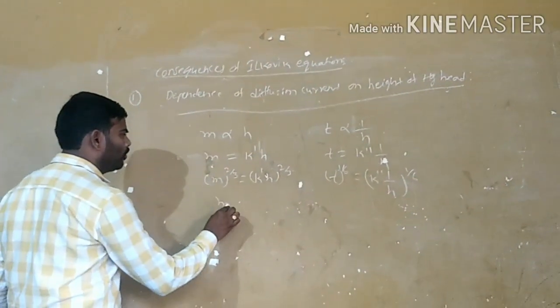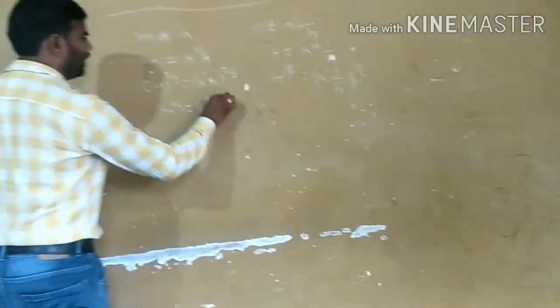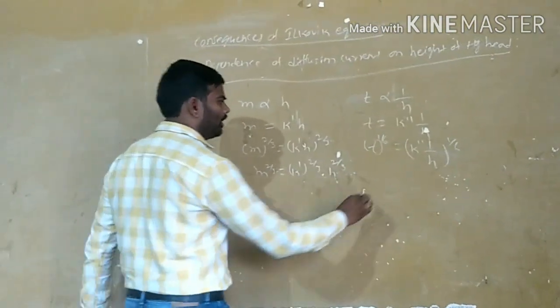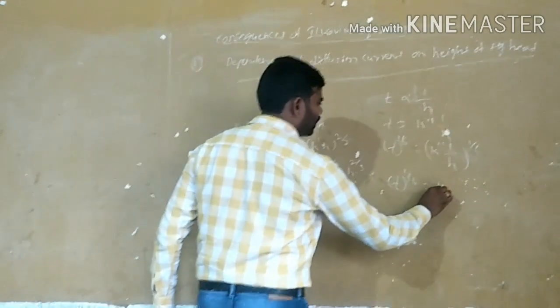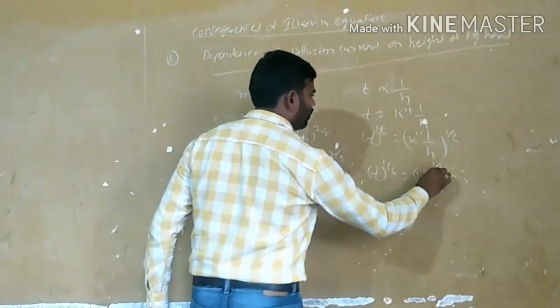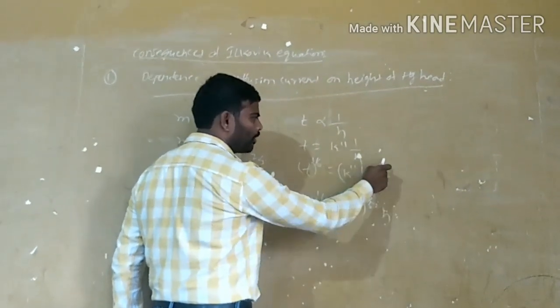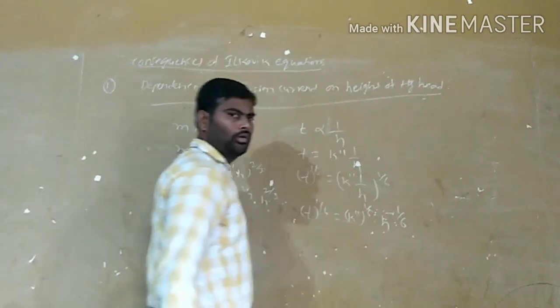Here m to the power 2 by 3 is equal to k dash of 2 by 3 into h to the power 2 by 3. Here t to the power 1 by 6 is equal to k double dash of 1 by 6, and here I am writing 1 by h to the power 1 by 6, nothing but h to the power minus 1 by 6.